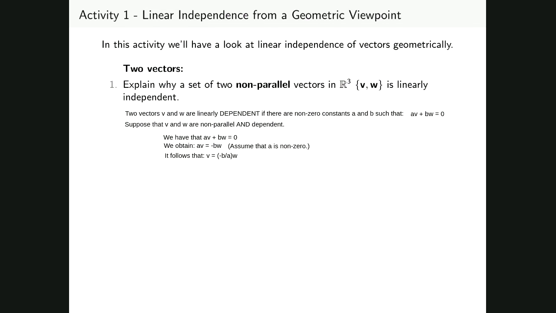We can get v is negative B over A times w, and that means that v and w are in the same direction.